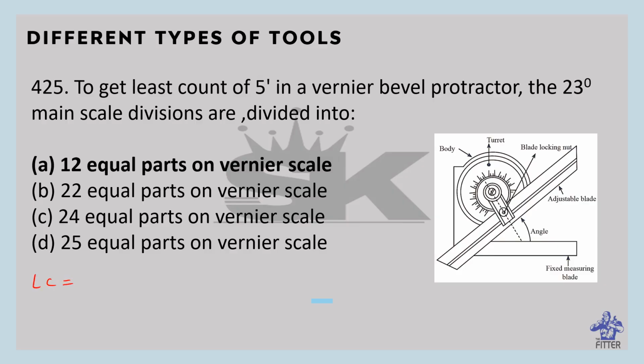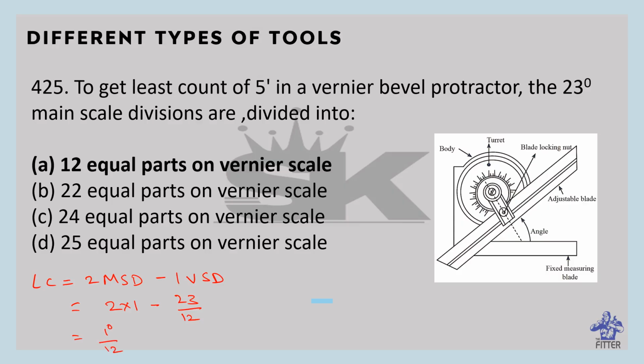Least count equals 2 times the main scale division minus 1 times the vernier scale division. So here, 2 minus 23 upon 12, that is 1 degree upon 12.